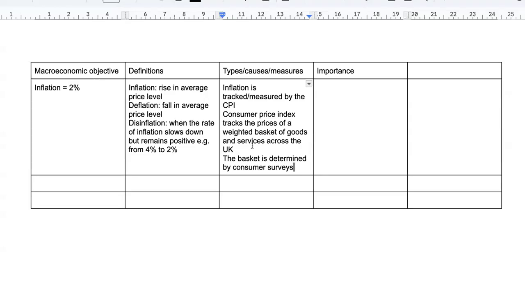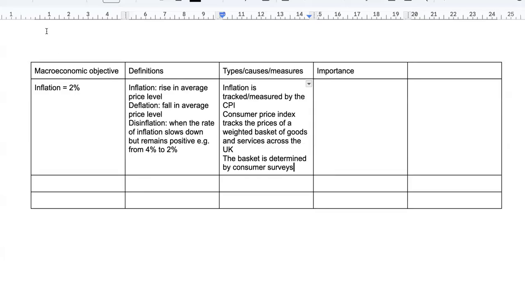Basically, what we do is we do some quick surveys to check what people are buying and spending their money on. And on average, most people are going to buy a carton of milk a week, a loaf of bread a week, eggs, pay their rent or pay for fuel or pay for travel and all this kind of stuff. Maybe one holiday a year, whatever that is.